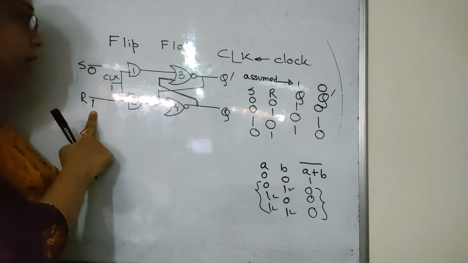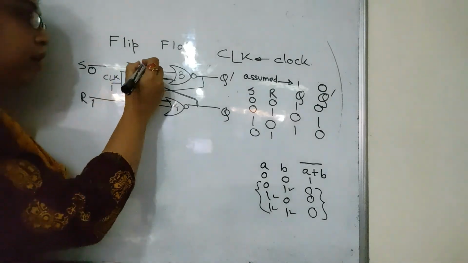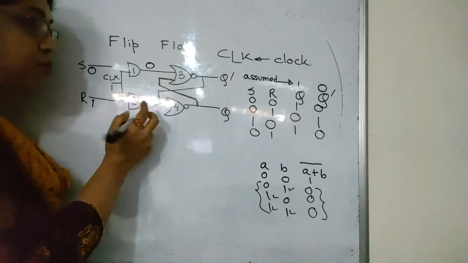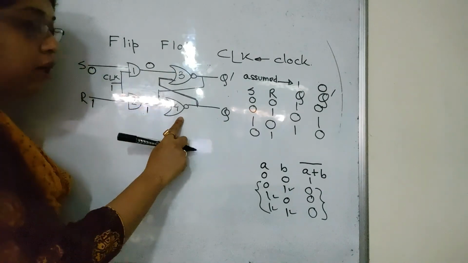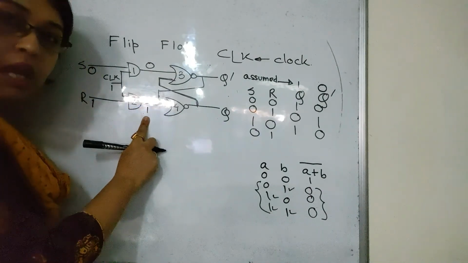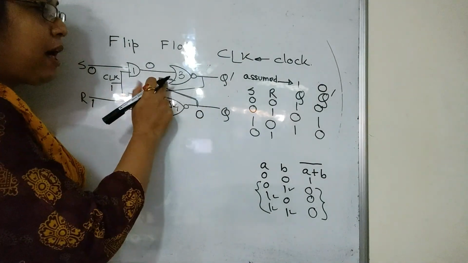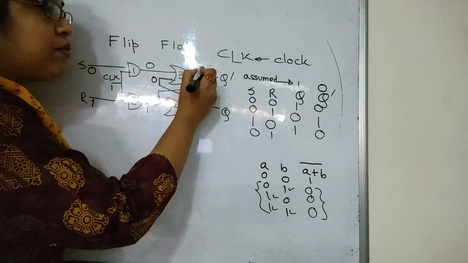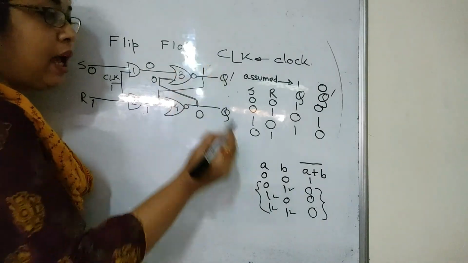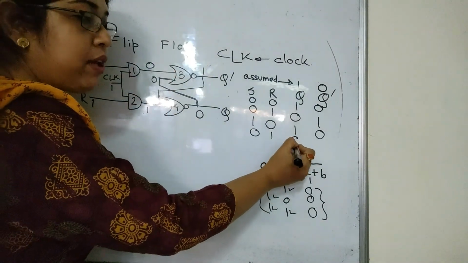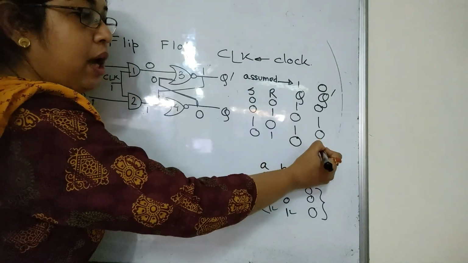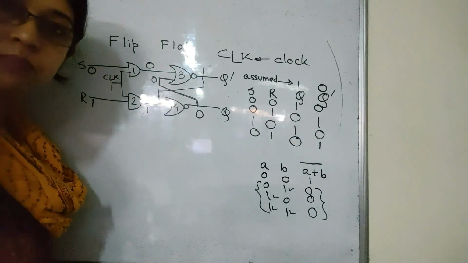Let's do this very quickly. AND gate number 1 gives an output of 0, AND gate number 2 gives an output of 1, NOR gate number 4 gets a high input, so output would be 0. This 0 when fed back into NOR gate number 3 gives an output of 1 as Q dash. So again we find that Q becomes 0 and Q dash becomes 1.